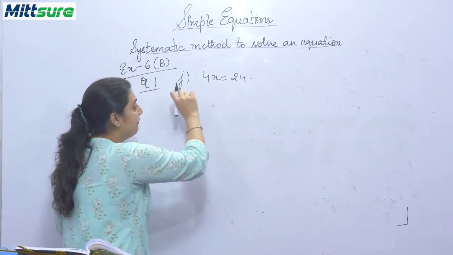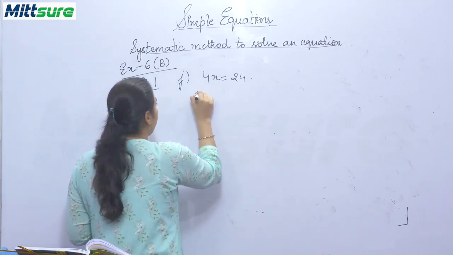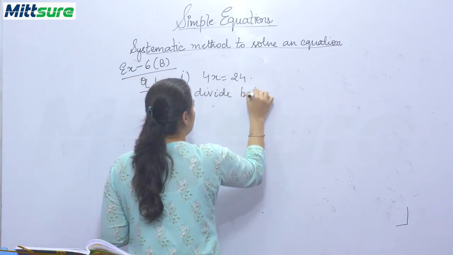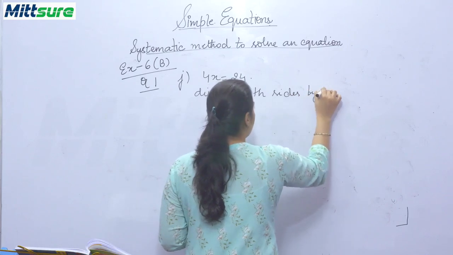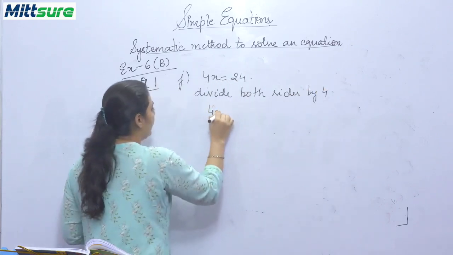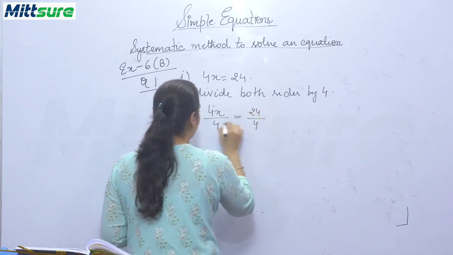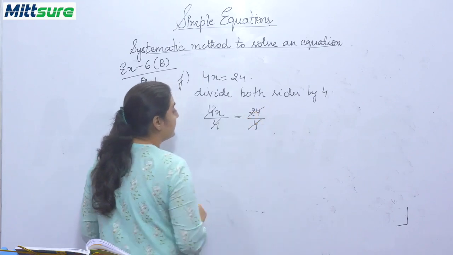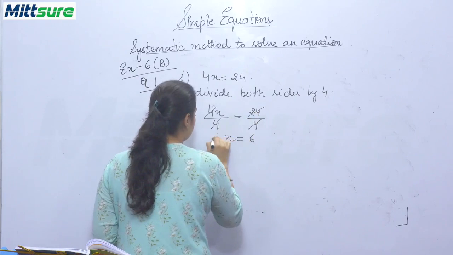I will be dividing both the sides by 4. Divide both sides by 4. 4x divided by 4, 24 divided by 4. 4 gets cancelled by 4. 4 cancels this 24 6 times. So x is equal to 6.